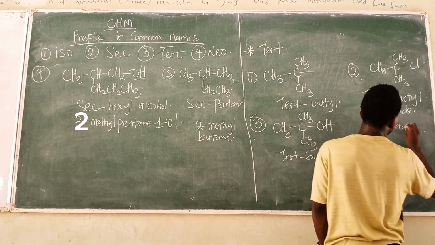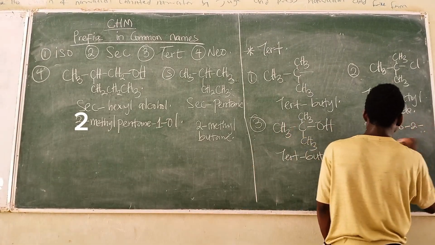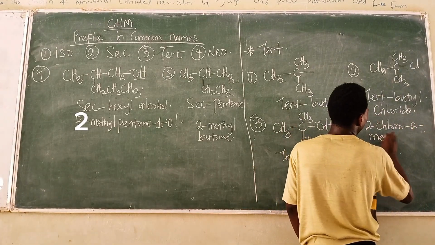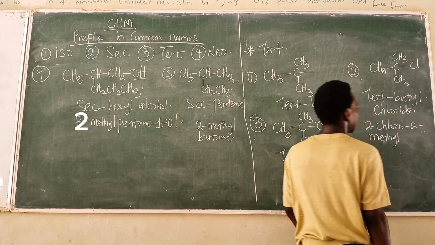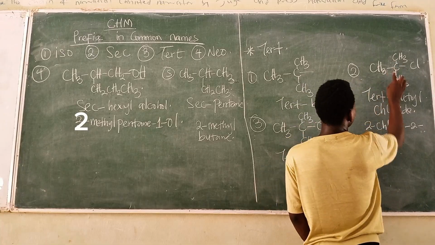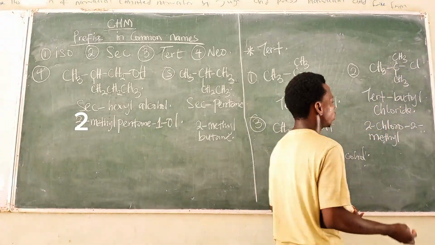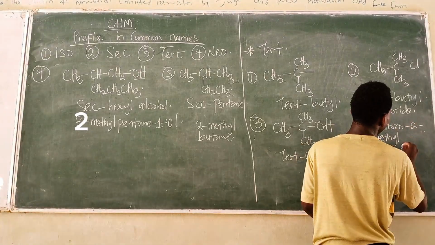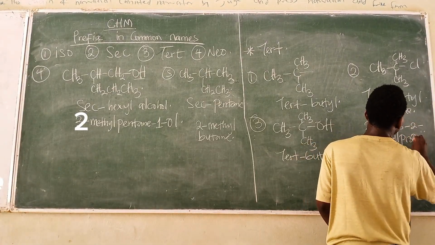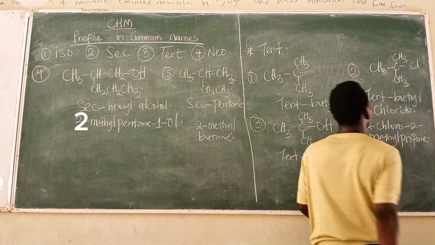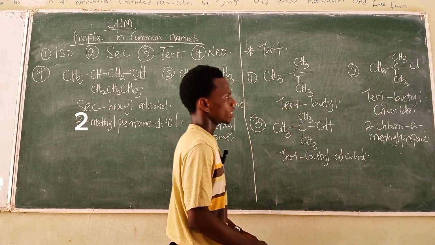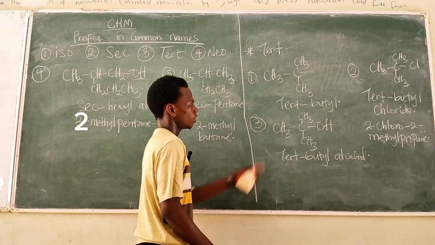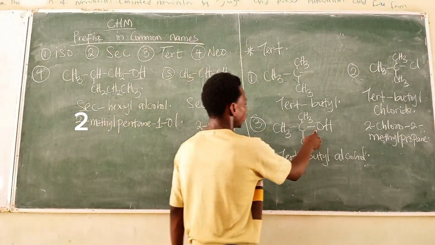So it's going to be 2-methyl. Then the longest continuous carbon chain is 3. So it is 2-chloro-2-methylpropane. 2-chloro-2-methylpropane.